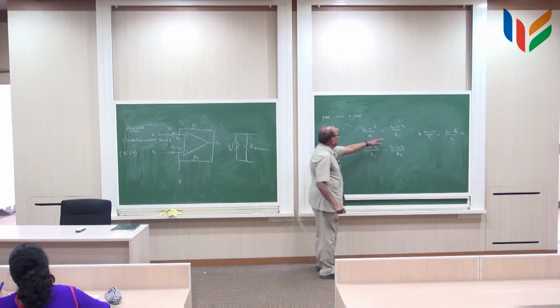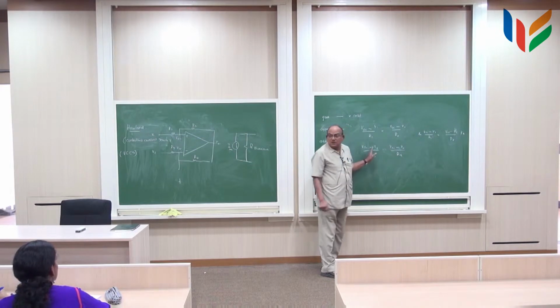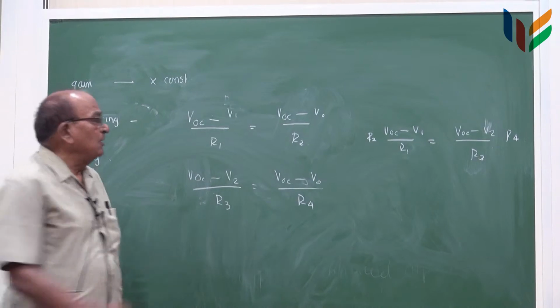VOC from here is equal to R2 by R1 into this, and VOC from this is equal to R4 by R3 into this. So both are equal. So this should be equal to this.